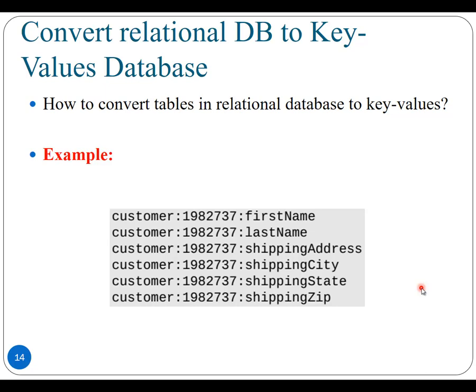You see an example again for the customer, where we have some data about the customers, and each of the tables in the relational database has some attributes. Okay, and each customer has an ID.